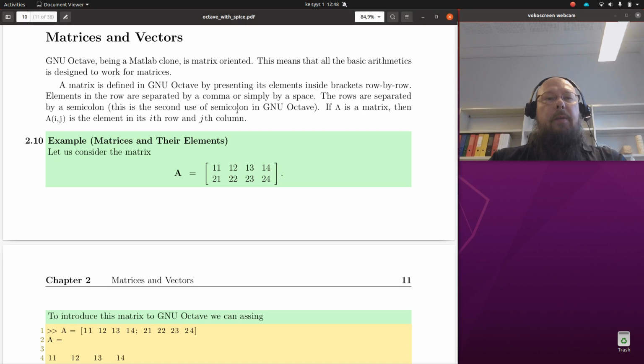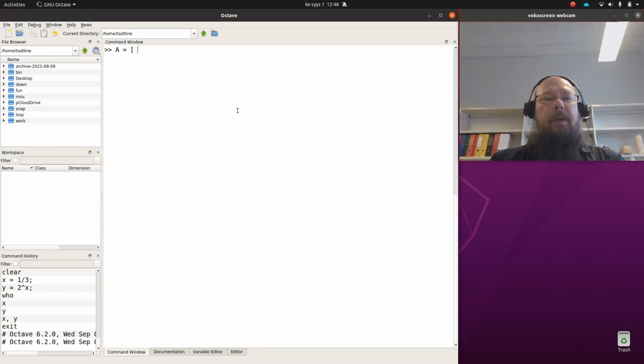So let's see, the first row is 11, 12, 13, 14. Okay, I could have put commas here like this, that would be the same thing. I usually don't put commas there. Sometimes I do, sometimes I don't. Okay, so that's the first row.